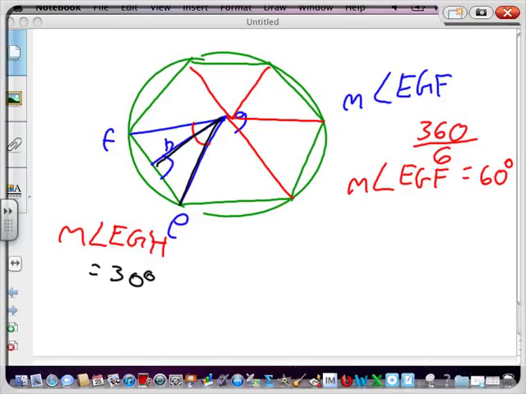It's 60, because it's a 30, 60, 90 triangle, or a 60, 60 if we looked at the whole thing. So it would have to be that. Angle HEG.